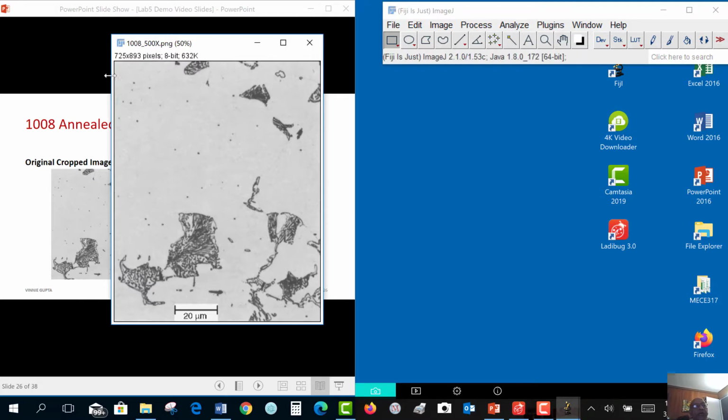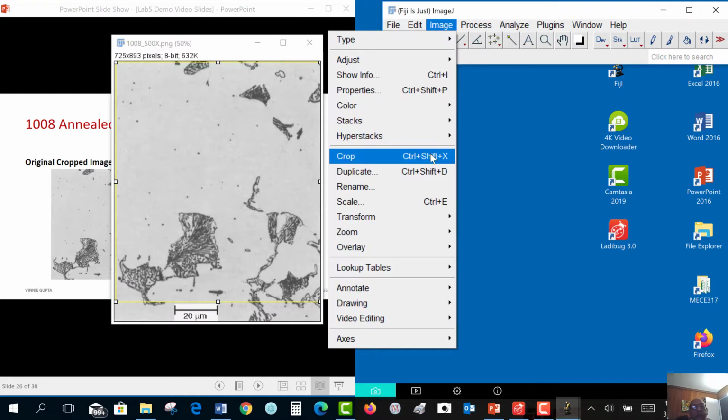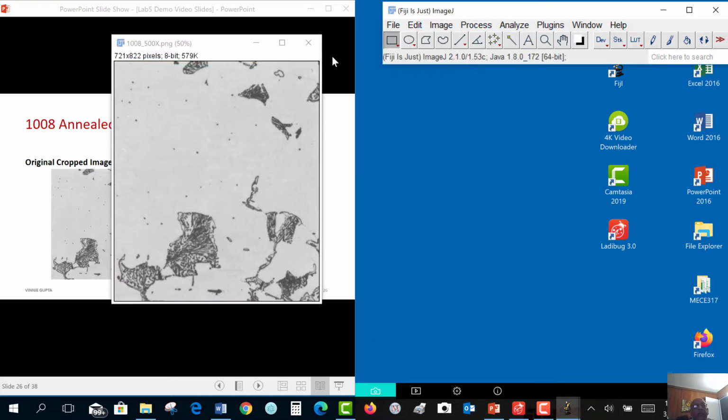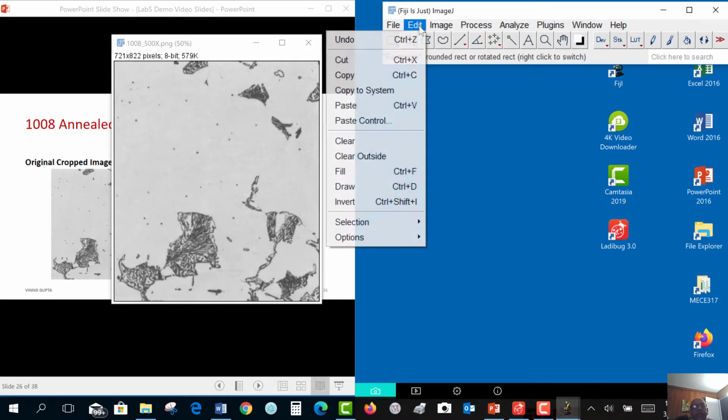I'm going to draw a rectangle and I'm going to just miss the scale. Go to image, crop. So this is the image I'm going to work with. This is my original image.